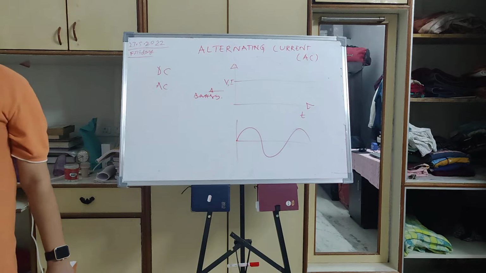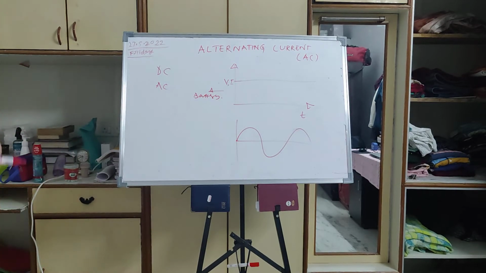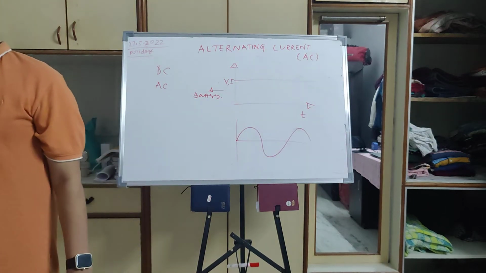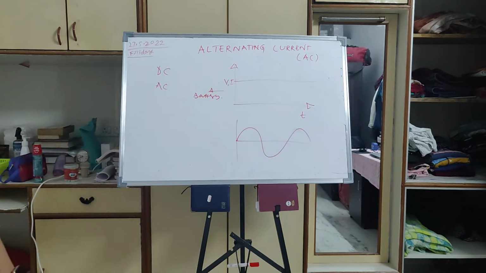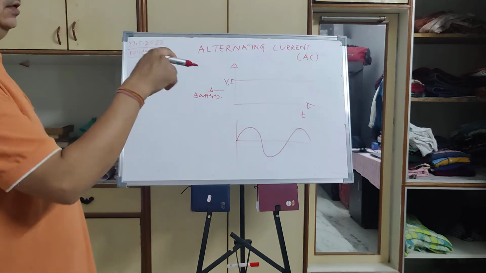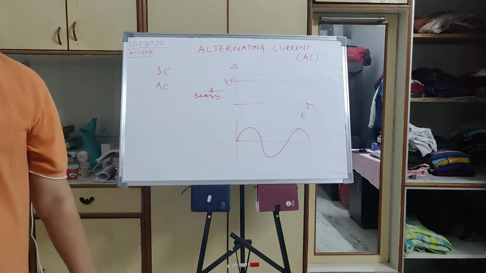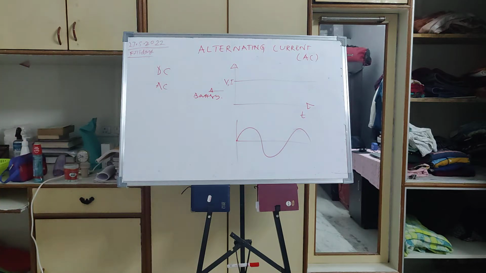There are many devices like your mobile charger. Your mobile needs DC to get charged, but you are connecting it to the household power supply. You will ask, you are connecting to AC, so how are you saying it needs DC? But inside a mobile charger there is a device which converts that AC to DC.